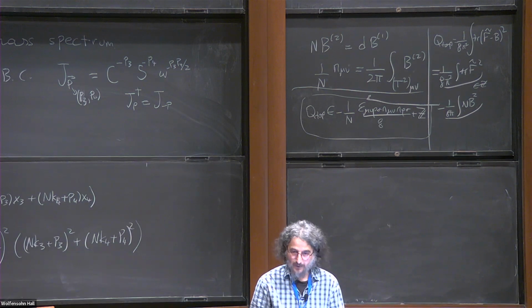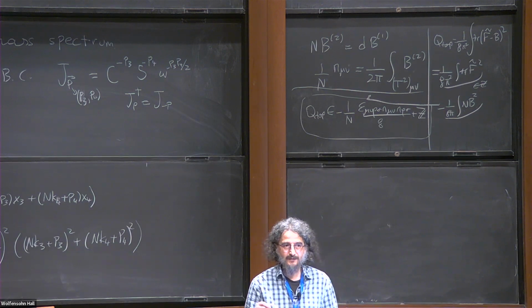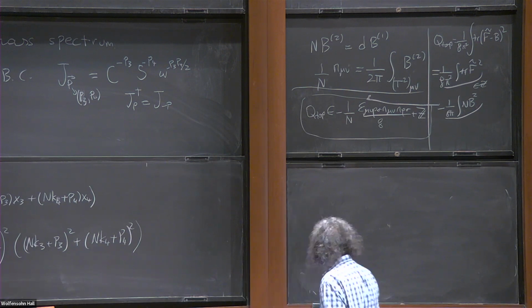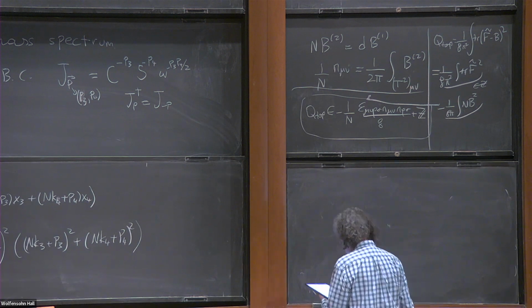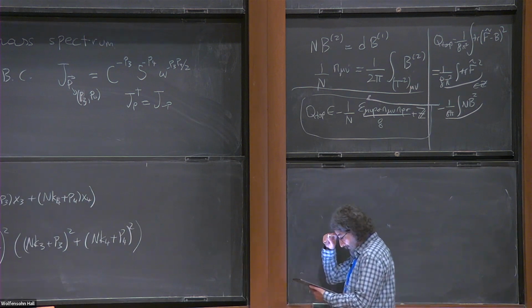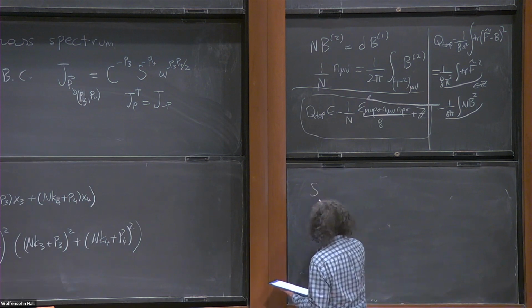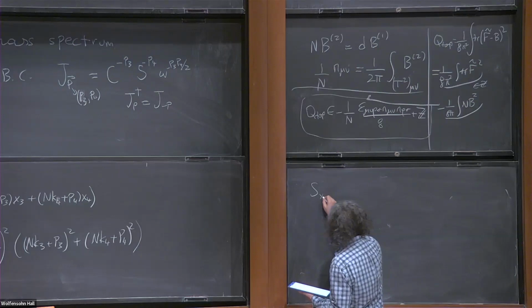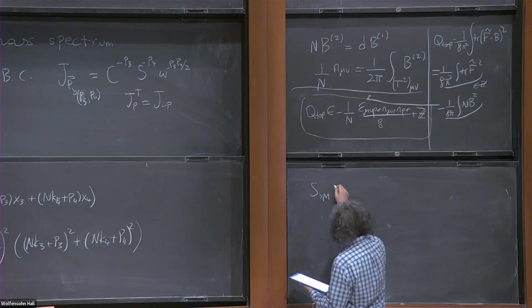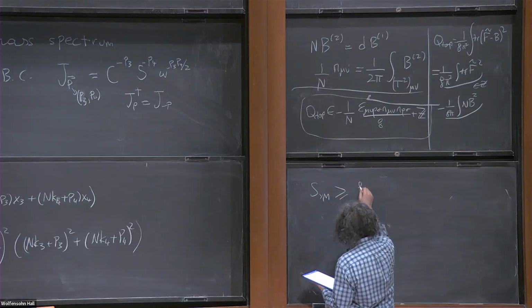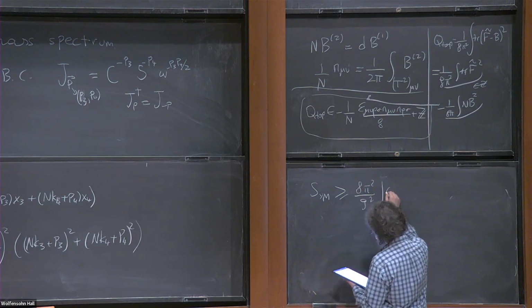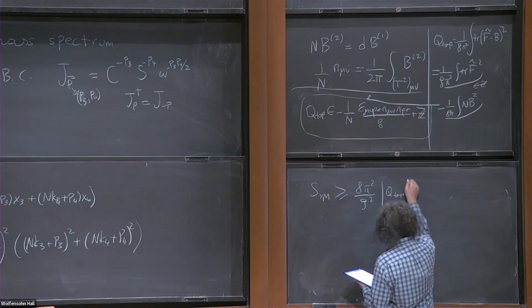Now, actually, this sounds very nice. It tells you that topological charge is quantized in units of 1 over n. And one may naturally expect that if there is a configuration satisfying the BPS bound, the Yang-Mills action will be 8 pi square divided by g square times Q topological.